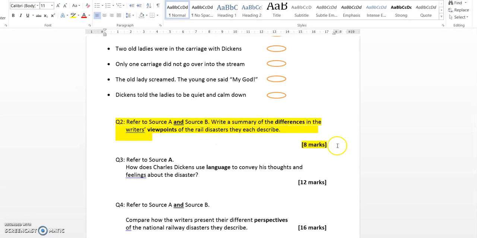So the key thing, I'm just going to unhighlight it now because I want to show you that when you get into the exam you need to highlight the key things in the question. So it is both sources you're looking at, and then it's a summary of the differences, and that word differences is important because the text that you'll be given will have a common theme, and it might be easy to get a little bit carried away and start talking about the things that are similar, but the question asks you very specifically to talk about the differences in the writer's viewpoints of the rail disasters.